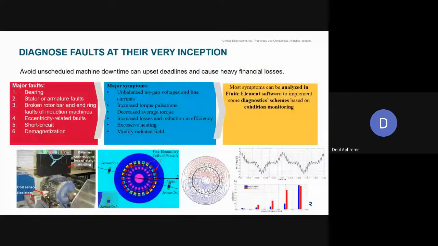Another example. There are different faults that can occur in different sorts of generators, simply because they are coupled to a mechanical source, and mechanical sources are never constant, or how you would say, uniform. So there are some major mechanical faults that can occur, eccentricity being one of the most important.